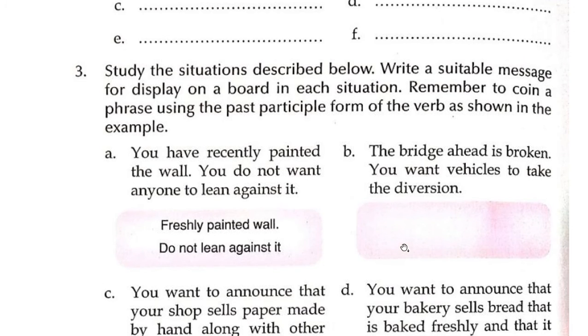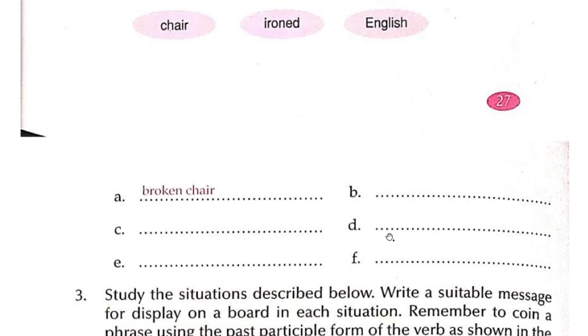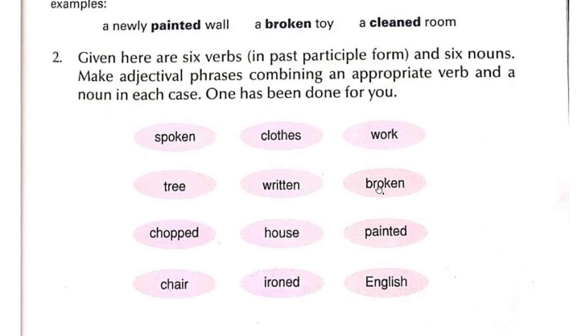Then next question. Given here are 6 verbs in past participle form and 6 nouns. Make adjectival phrases combining an appropriate verb and a noun in each case. One has been done for you. Now see here. Nouns are given and the past participles of verbs are given. Like here, spoken.